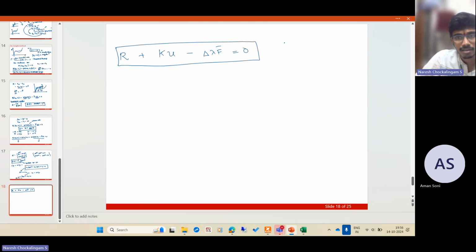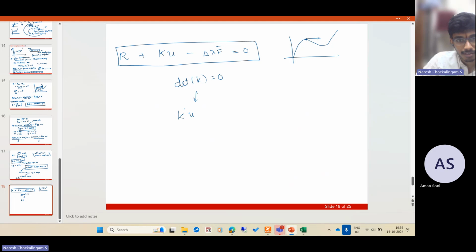And suppose we hit this limit point. Here, the tangent stiffness matrix is singular. So if the tangent stiffness matrix is singular, then this K may not be invertible.